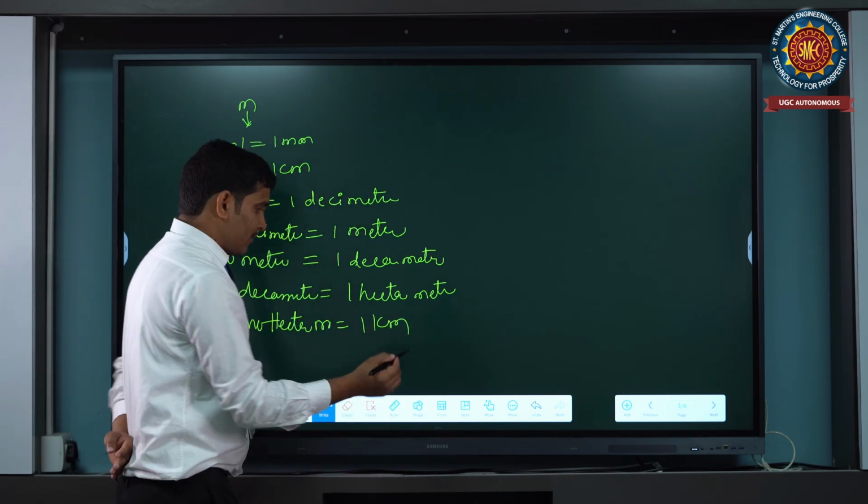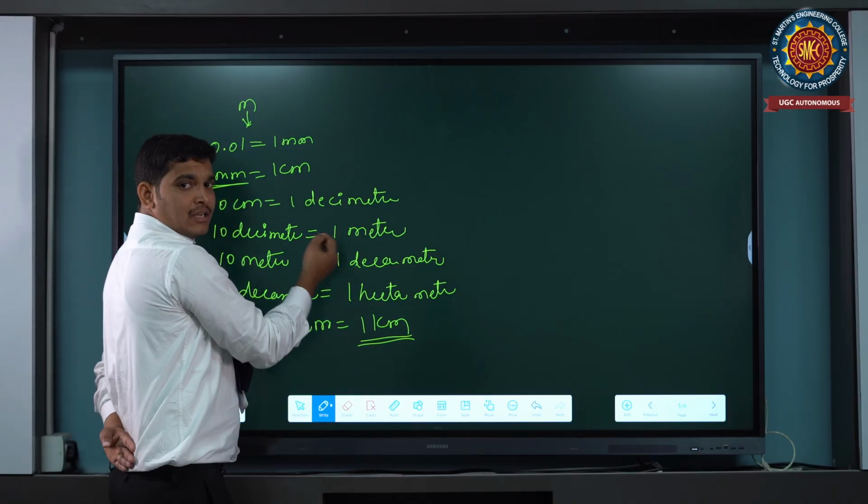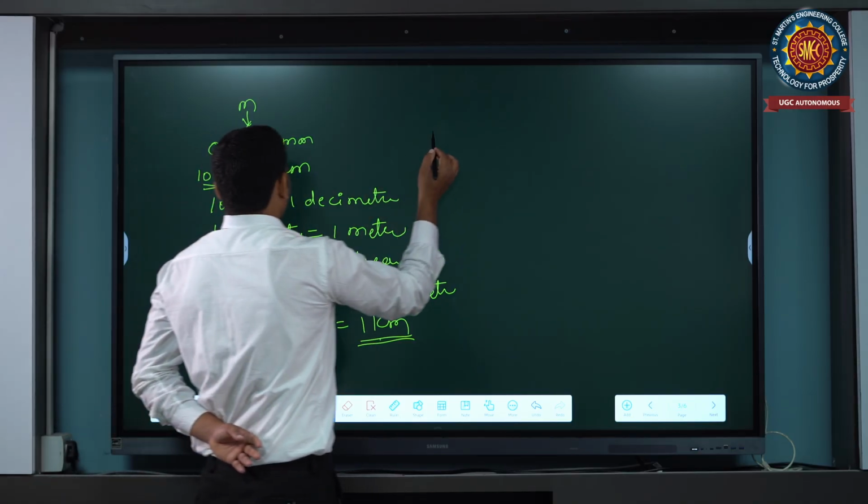Everyone already knows about kilometers, right? This is the relation from the kilometer down to 1 mm.